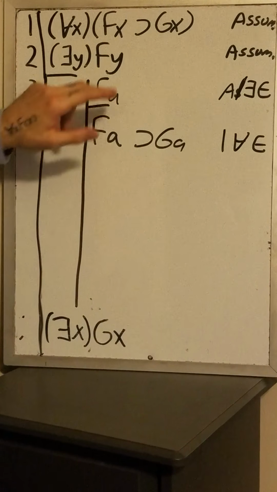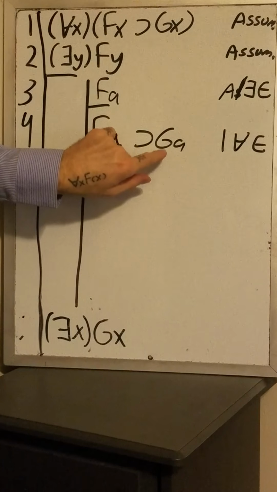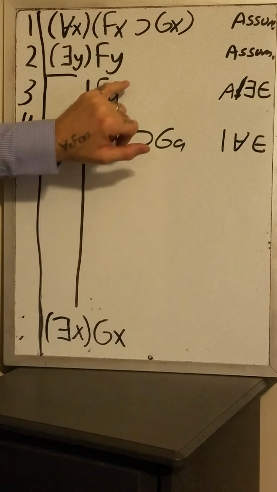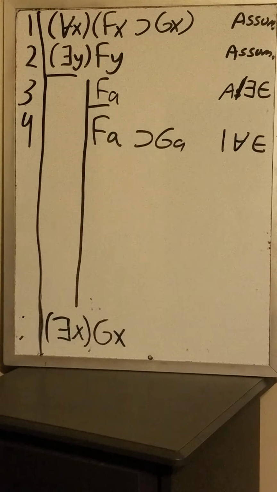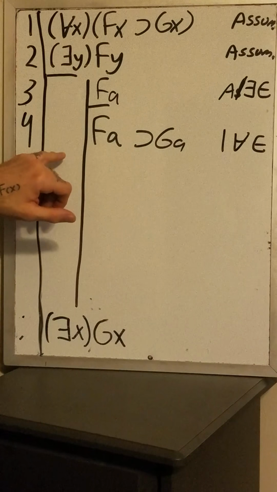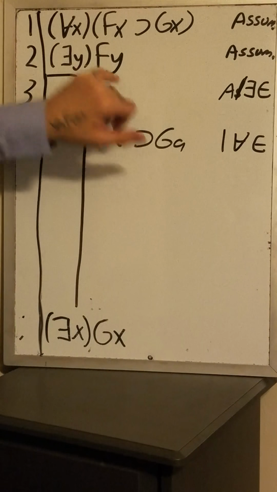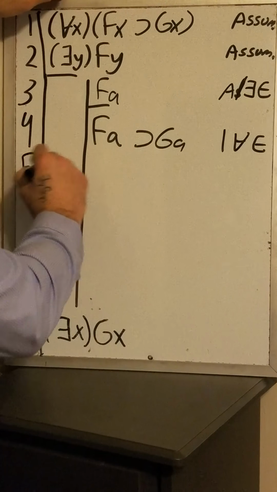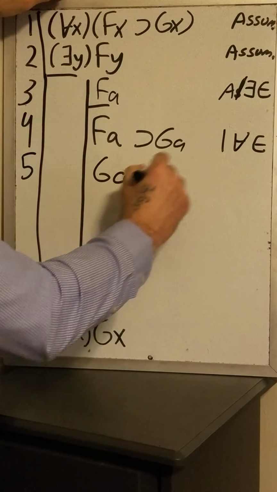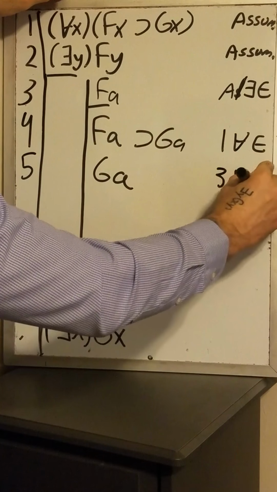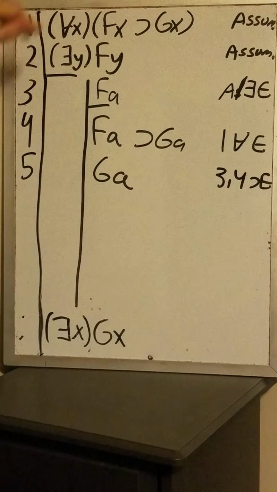If we'd done this first, we wouldn't have been able to use A here, we would have used B, and then these lines wouldn't have matched. Now we have, if FA, then GA, and we have FA, so we can conclude GA by lines 3 and 4, conditional elimination, okay?